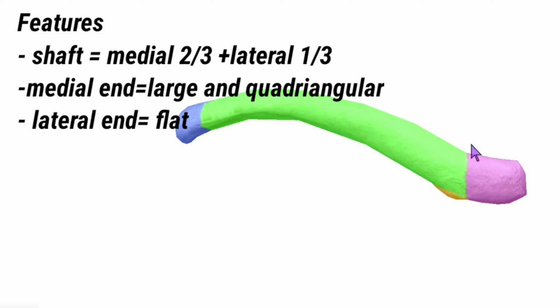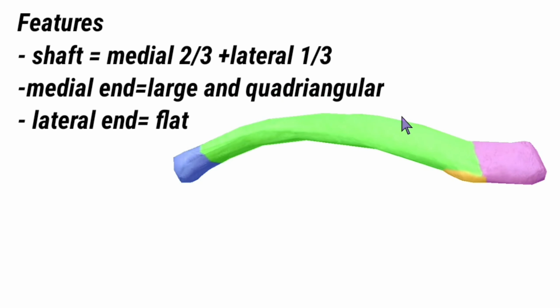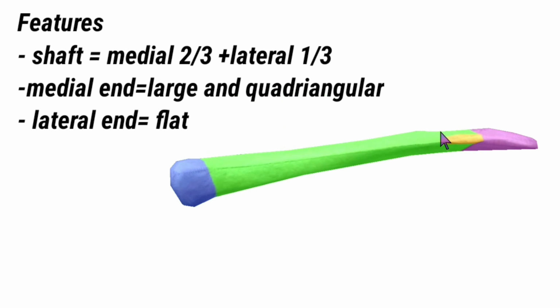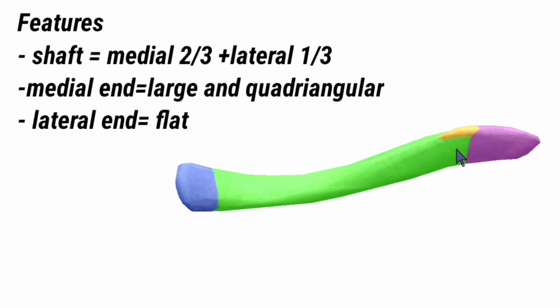The anterior border is concave forward and the posterior border is convex backwards. It has a superior surface and an inferior surface. In the inferior surface there is an elevation called the conoid tubercle, and another is the trapezoid line. So the conoid tubercle and trapezoid line are in the inferior surface of the lateral 1/3.